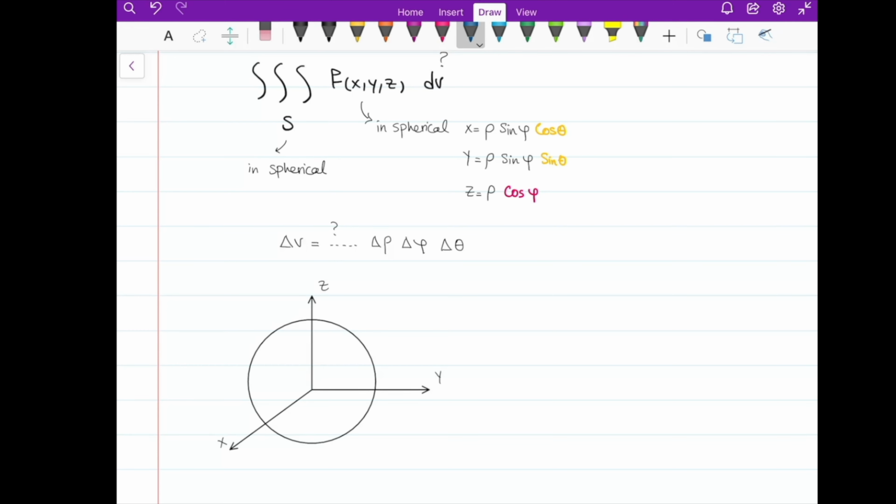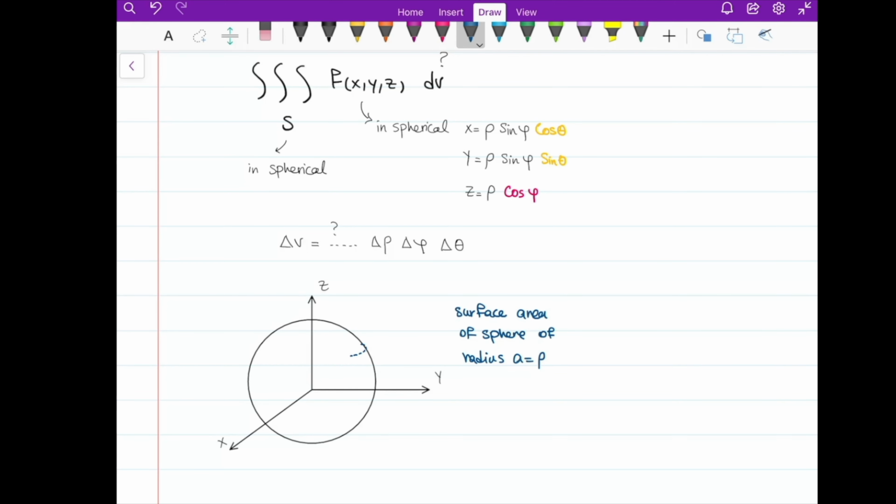So I'm going to consider the surface area of a sphere of radius a, which is basically rho is equal to a. So just assume that we are fixing rho, and then I'm basically looking at one small piece on the surface area. How do I consider that?